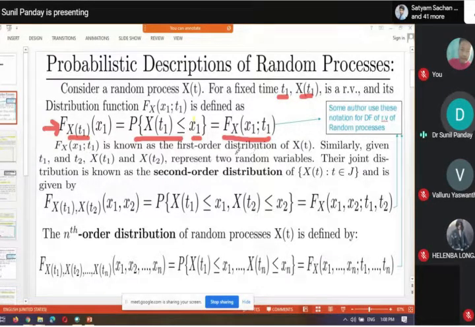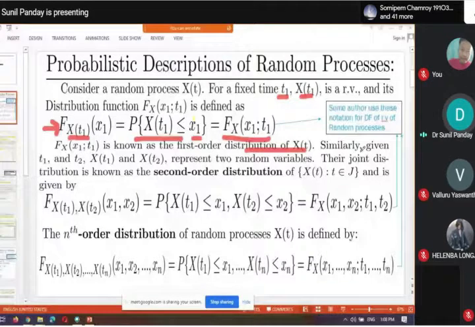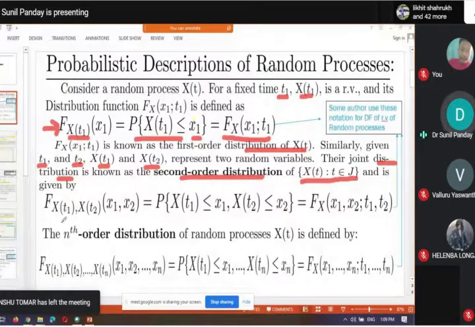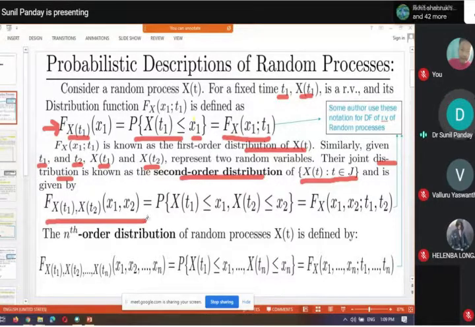order distribution of xt. Similarly, given any two different time instants like t1 and t2, xt1 and xt2 represent two random variables. And when we have more than one random variable, then we can define their joint distribution, known as the second order distribution for the random process xt, where t belongs to the time index set capital J. So the second order joint distribution function is written like this.